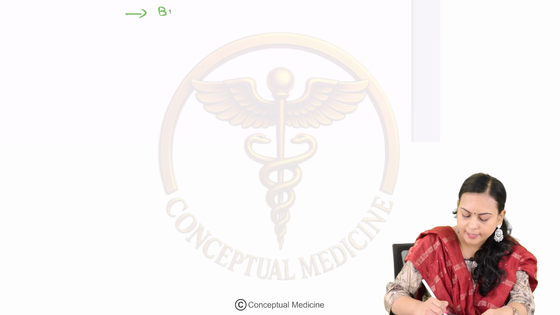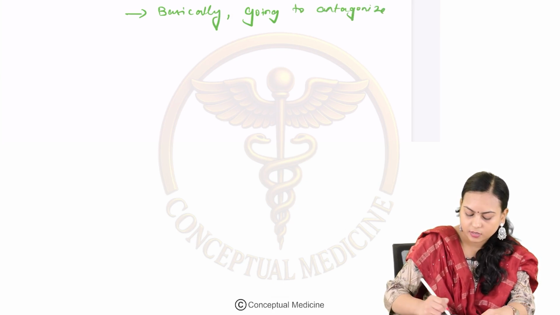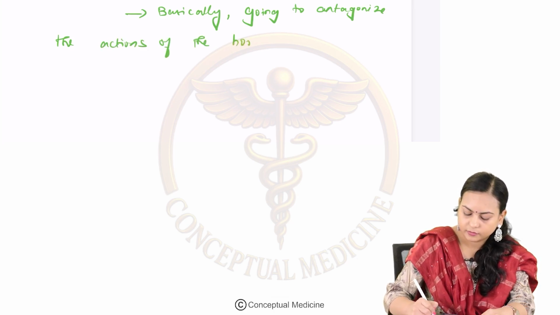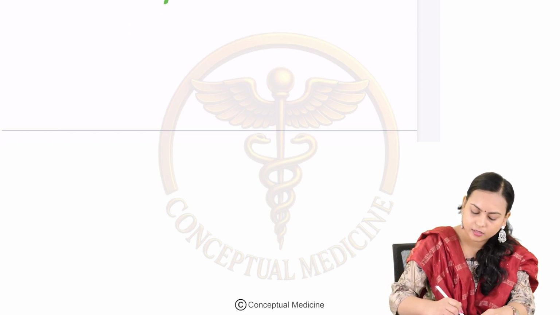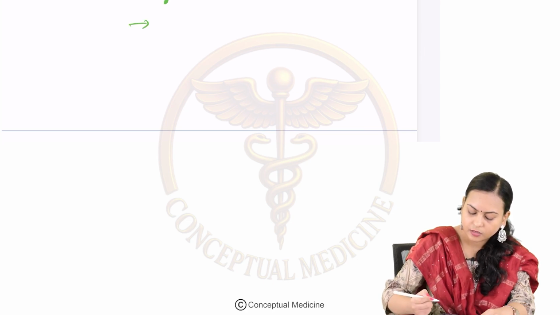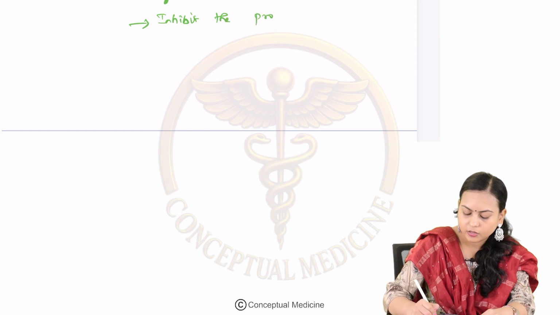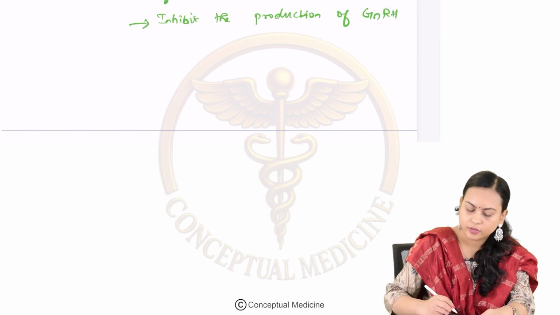Inhibin hormone basically is going to antagonize the actions of the hormone activin and it is going to inhibit the production of gonadotropin releasing hormone, especially from the placenta.